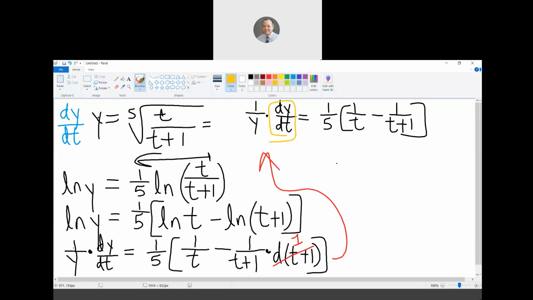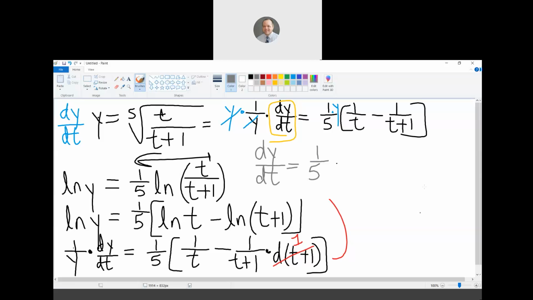To get rid of that y, you just multiply both sides of your derivative by y. Now the y's cancel each other out, leaving us with dy dt equal to 1 over 5.